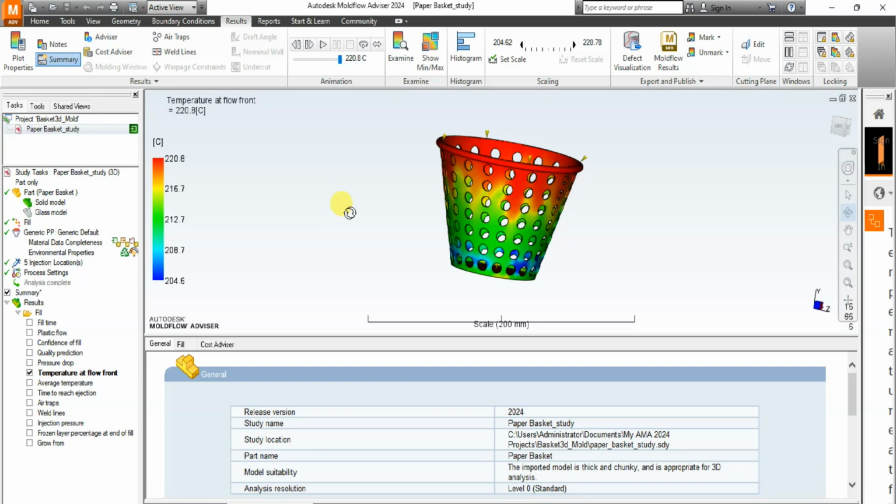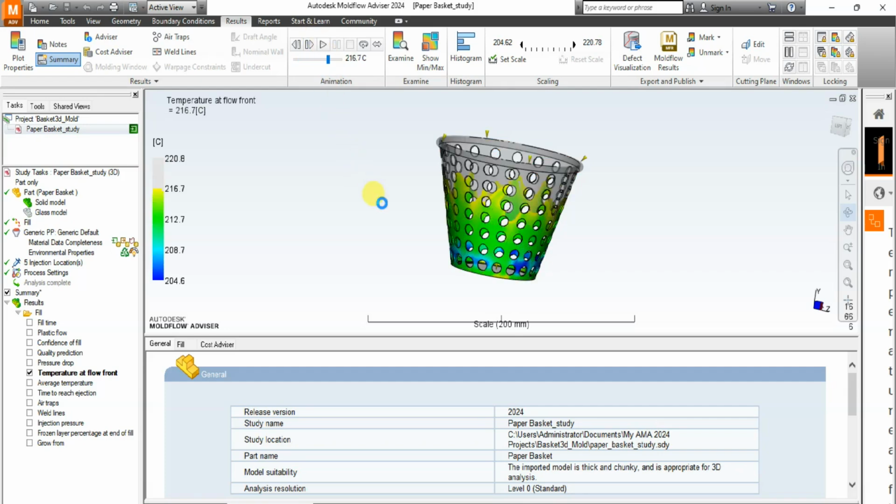Now the temperature at flow front result is produced by a field analysis, as you can see on the screen. It shows the temperature of the polymer when the flow front reaches a specified point in the center of the plastic cross section. So we're talking of cross sectionality now.